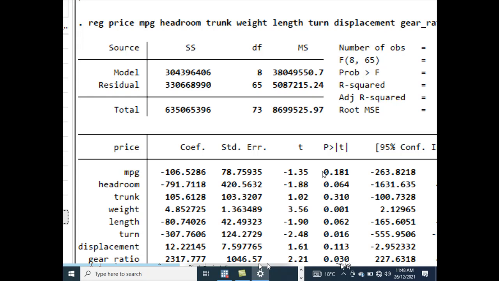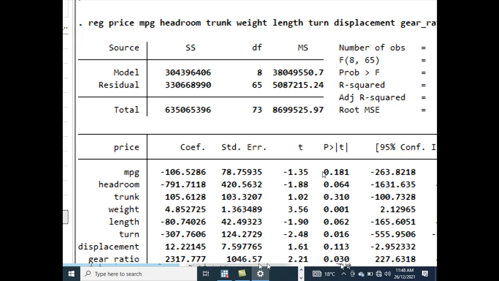If the model on the whole is significant, then you say, okay, let me see the individual details of the model. If the first portion tells you that the model is not significant, there is no need to come down over here.